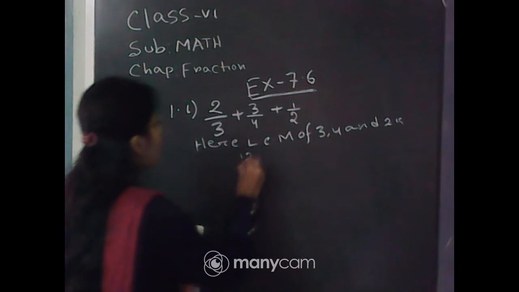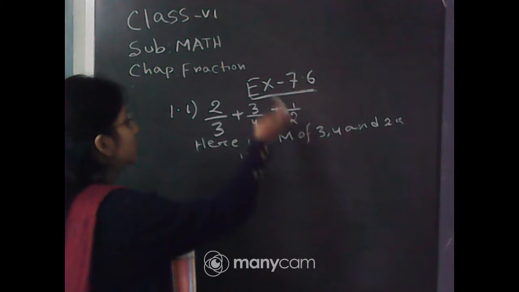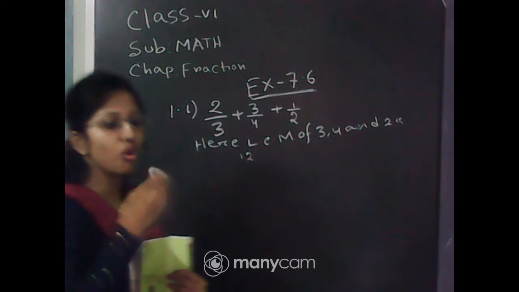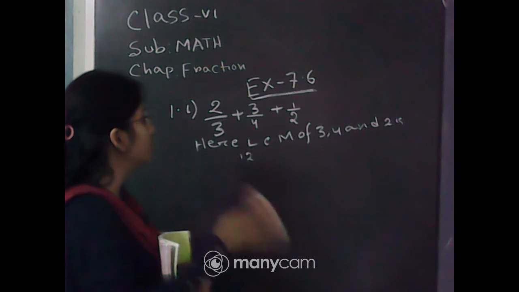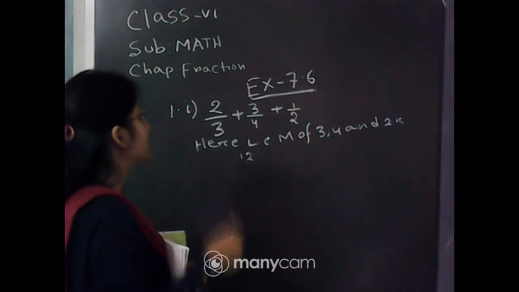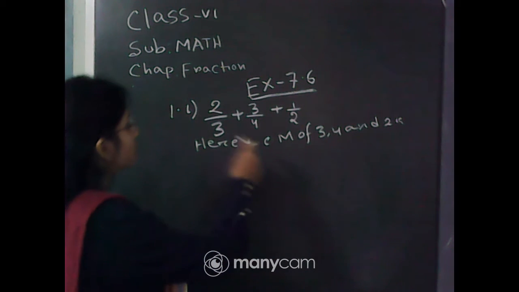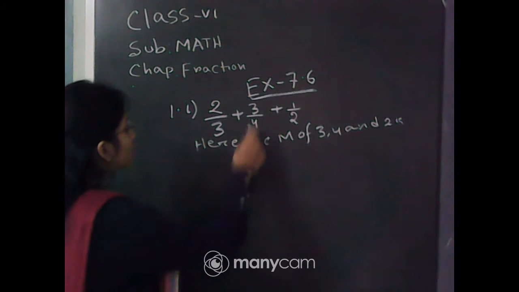We need to find the equivalent fractions which have a common denominator, and the common denominator is given by the LCM of the denominators, that is the LCM of 3, 4 and 2. Now, the LCM of 3, 4 and 2 is 12.